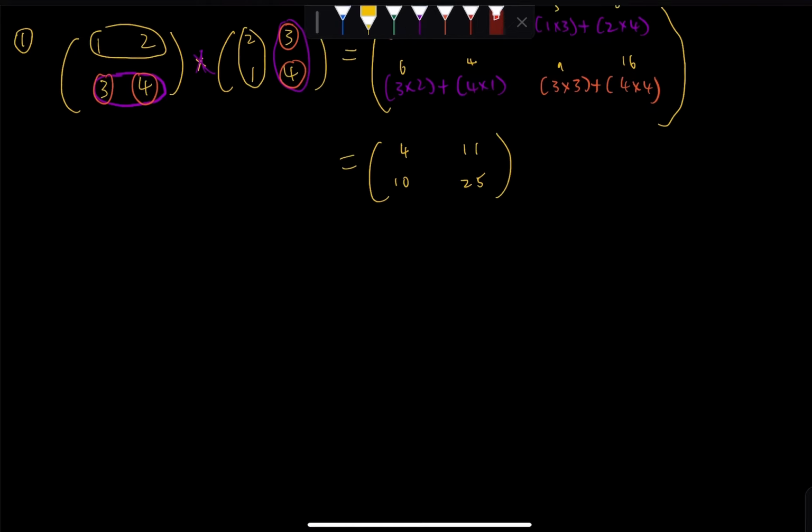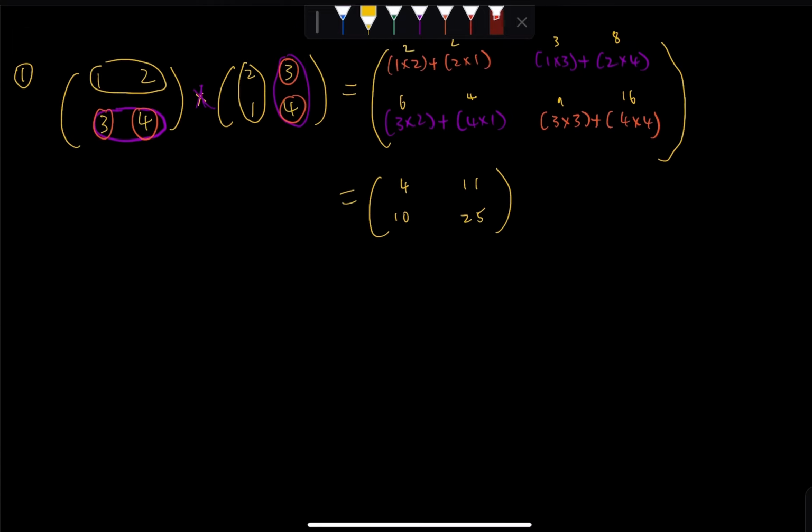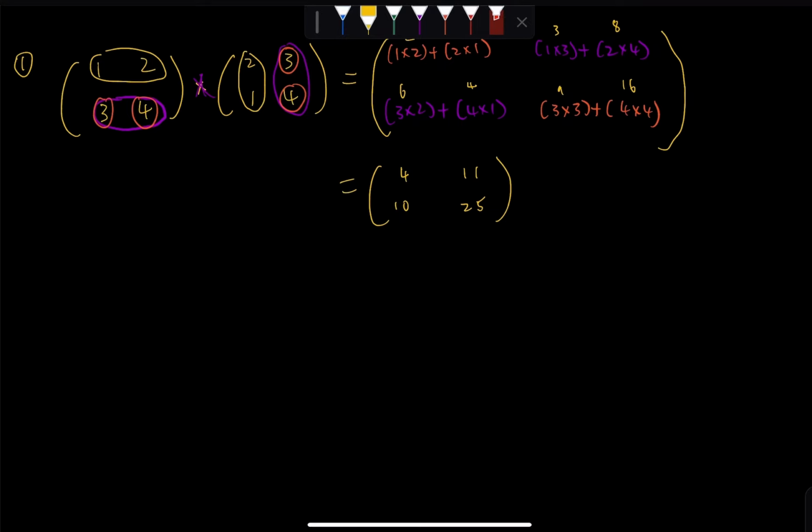So when you're multiplying 2 matrices, the row of the first matrix should have the same number of numbers as the column of the second matrix.